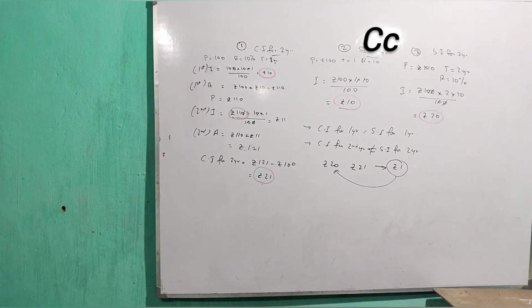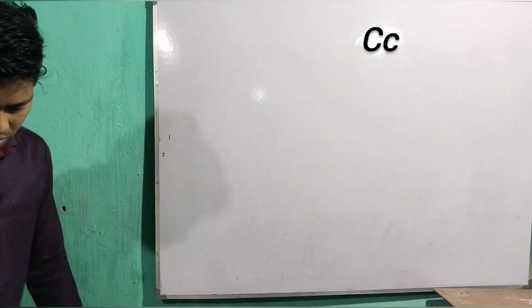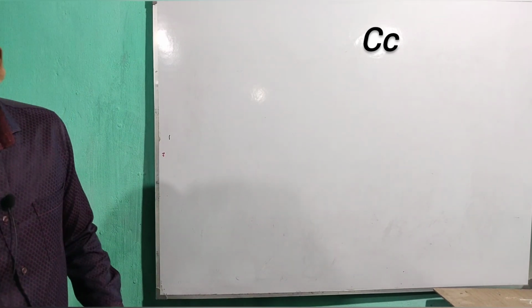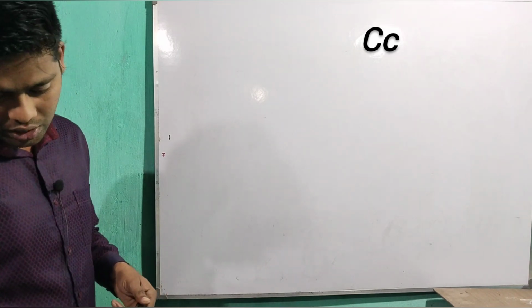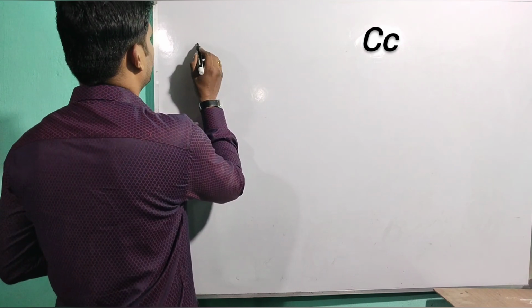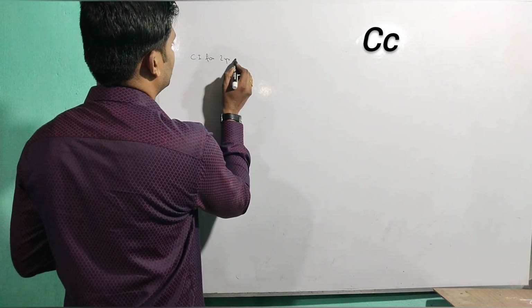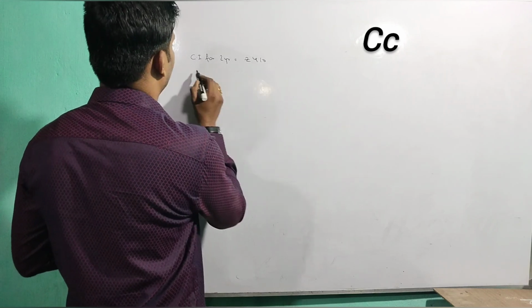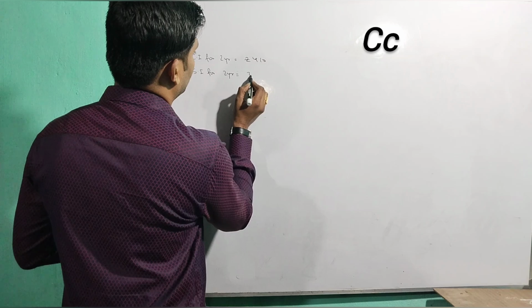Okay, let's do the sum. So what they have given you, first copy down: compound interest for 2 years is 410, simple interest for 2 years is 400.